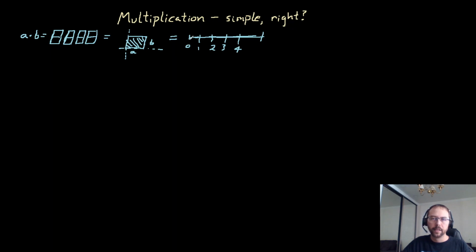So let's say the A represents the number 2, and B represents the number 3, which means I need more lines here. So 5, 6. So then C, or the answer to A times B, would be this. So we take 2 and we multiply it by 3, it would be 6.